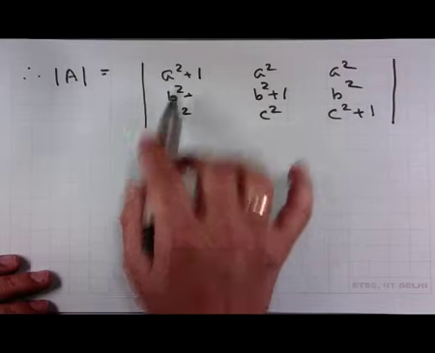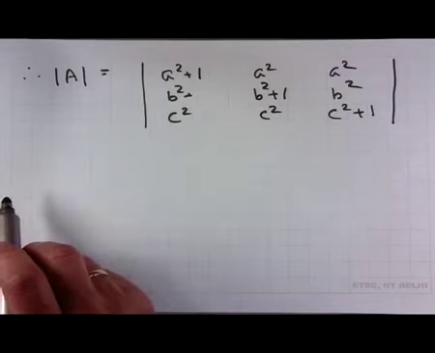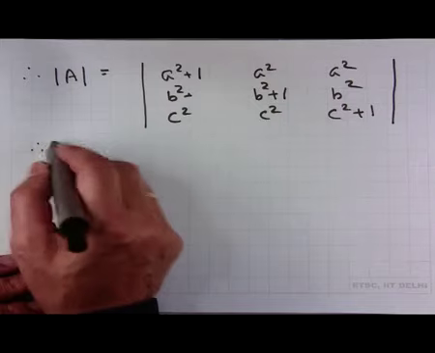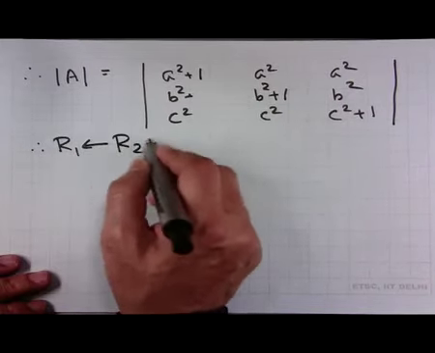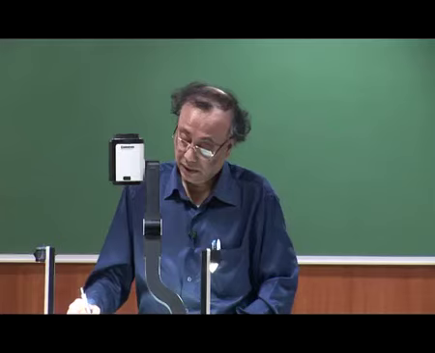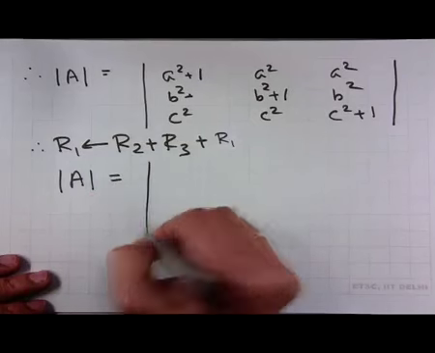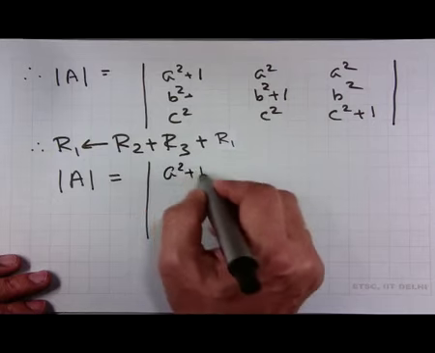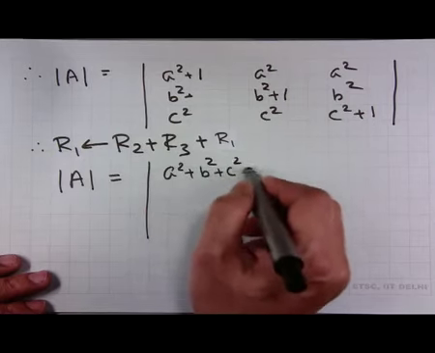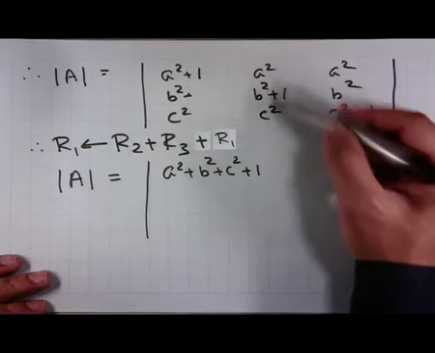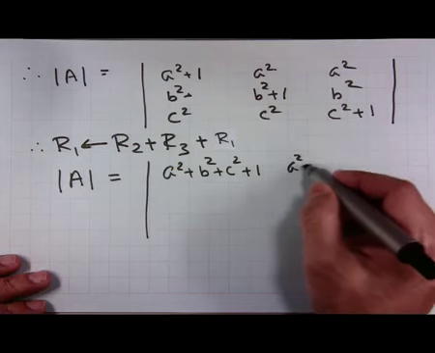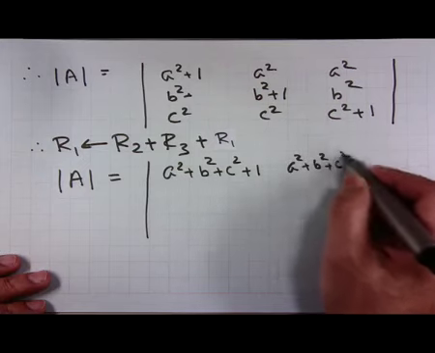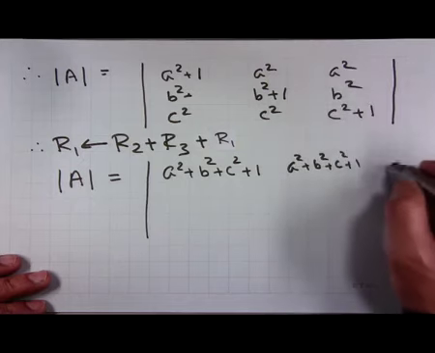So, what we will do, I will rather add row 2 and row 3 with row 1. Therefore, R1 goes to R1 plus R2 plus R3, which will give us determinant of A equal to a square plus b square plus c square plus 1. Here we will get a square plus b square plus c square plus 1, and here also we will get the same thing.